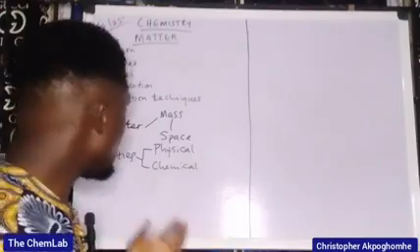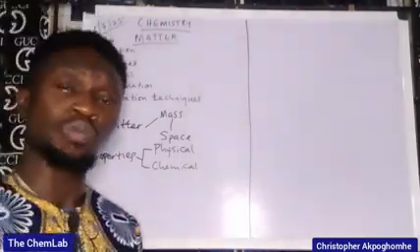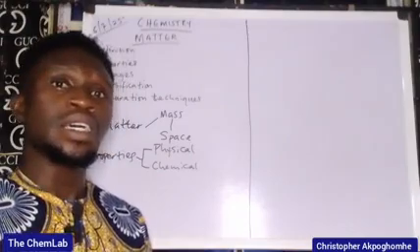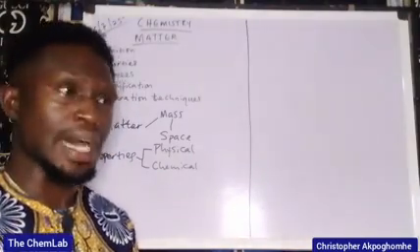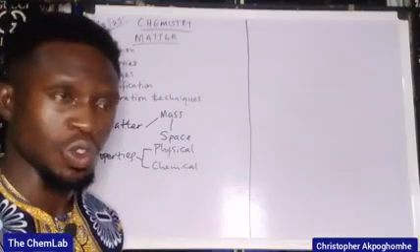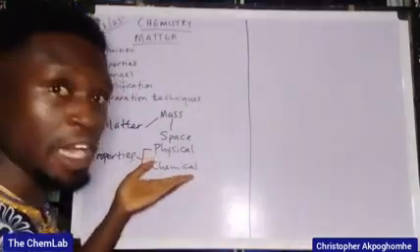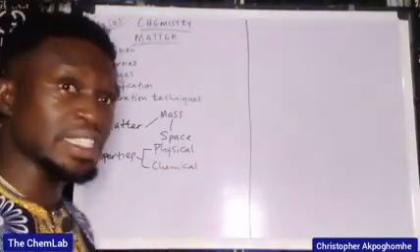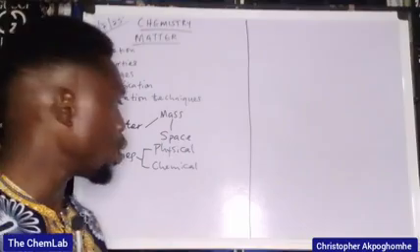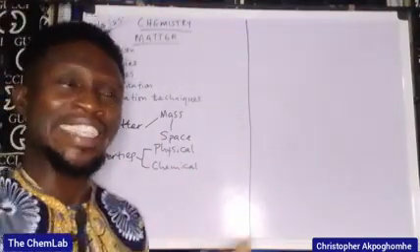Now, the chemical properties pertain to the reactions that matter undergoes. So that's what we mean by chemical properties. Chemical properties are internal, while physical properties are external.